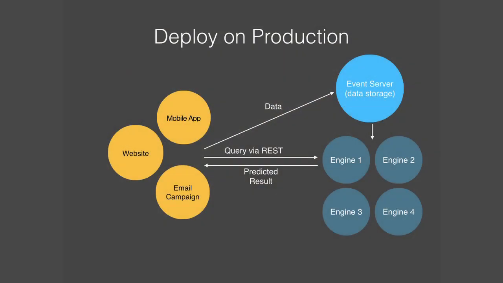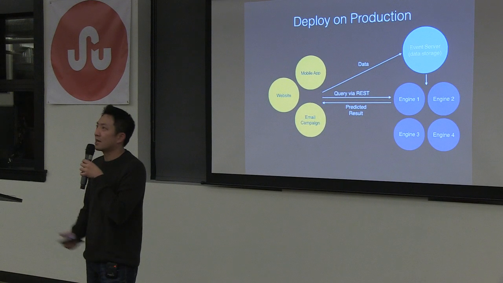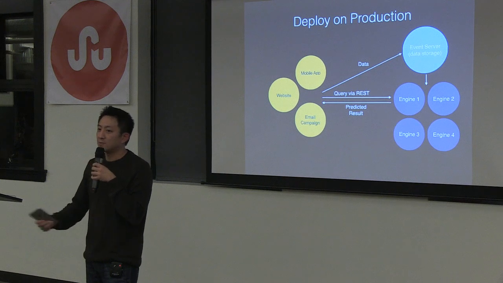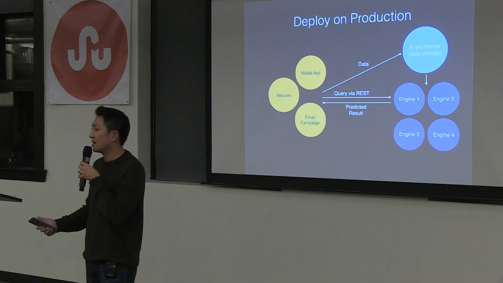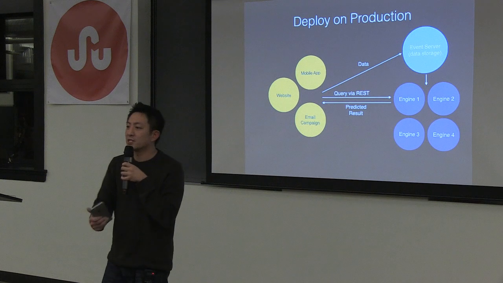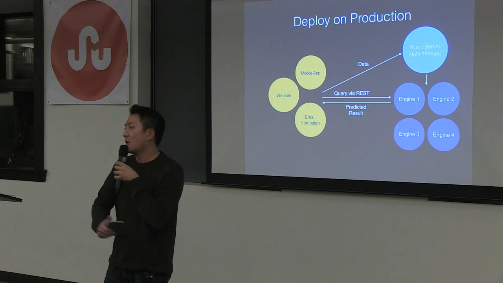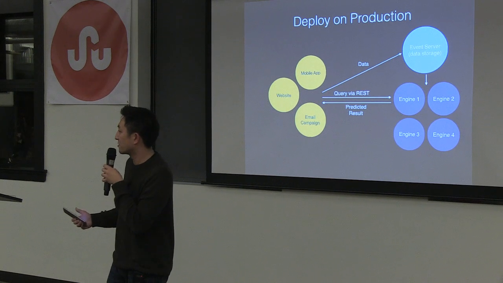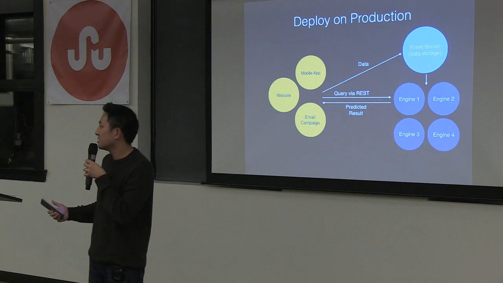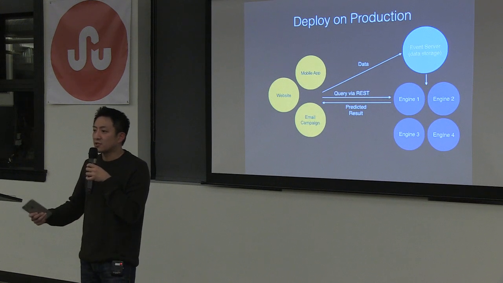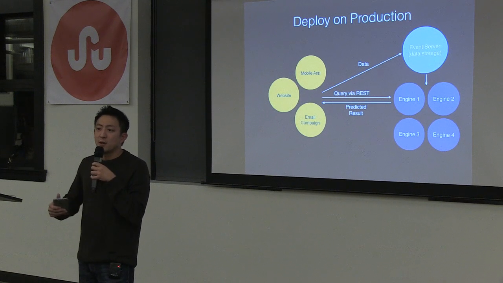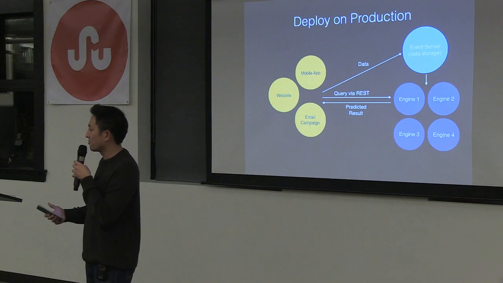So this is what we envision in the production environment of machine learning. Not only would you have one mobile application, like StumbleUpon, you might have a mobile application, a website, an email campaign, basically whatever channels you're interacting with your users. You collect all the data to a simple event server through REST API and SDKs. And then under the event server, within the PredictionIO ecosystem, the platform, you can build multiple engines for different types of prediction problems.